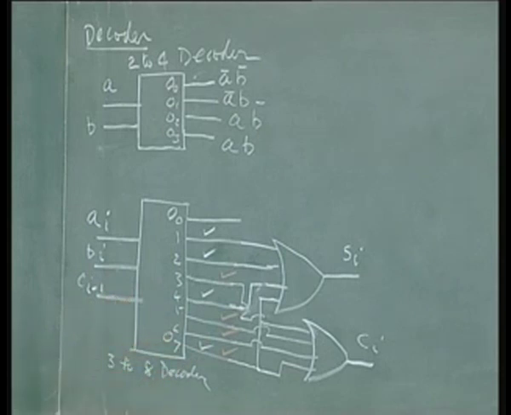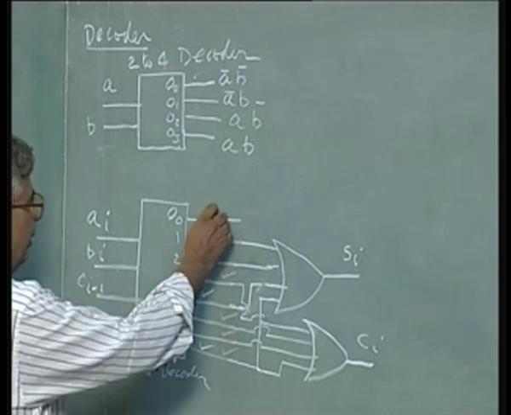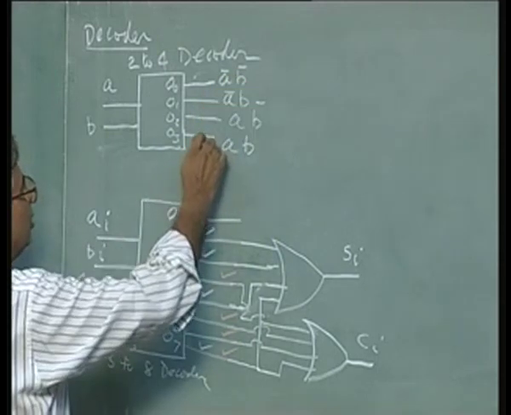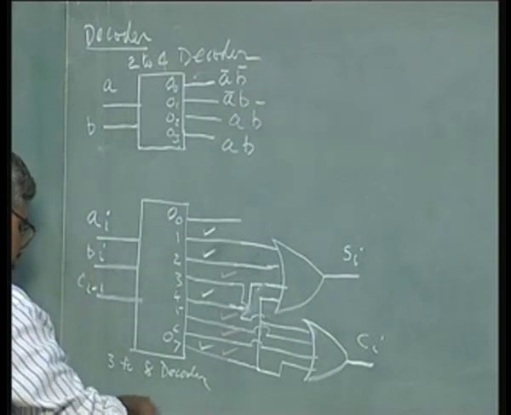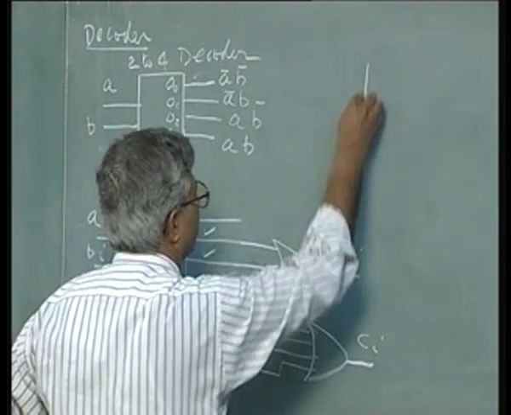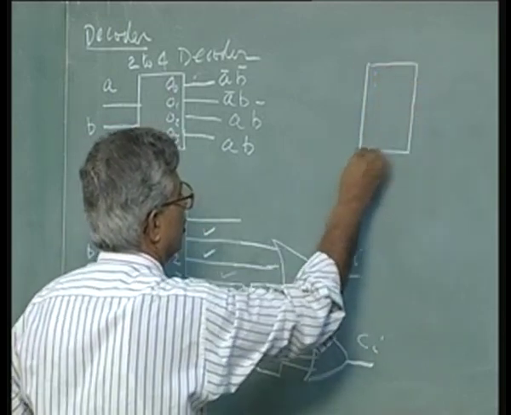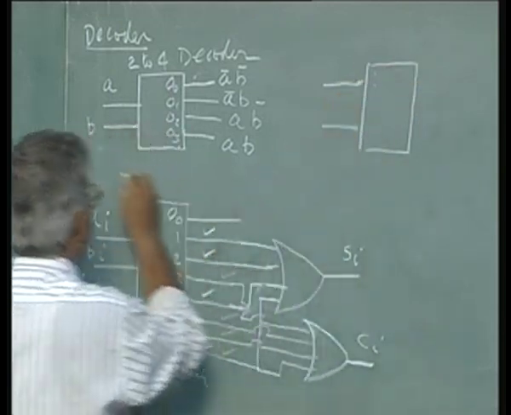That means in order to implement, I will not get this as A0 B0 in a real commercial decoder, where this is active high.